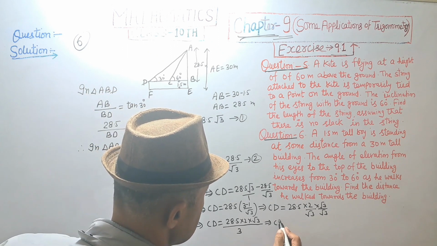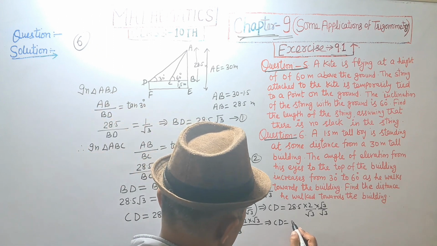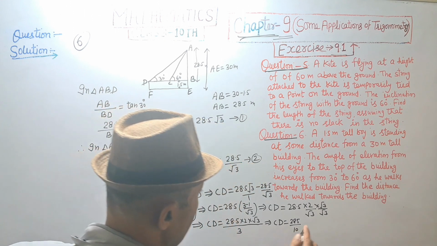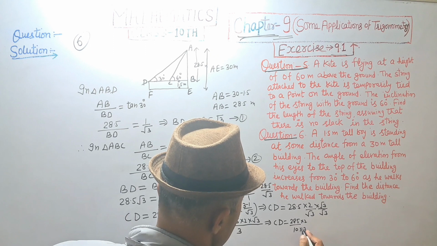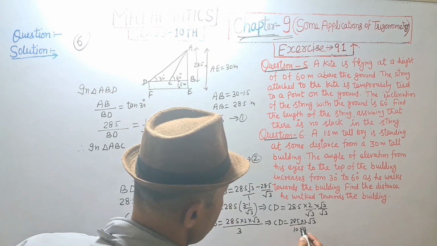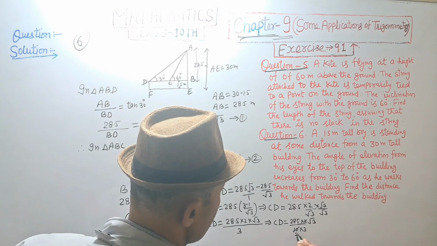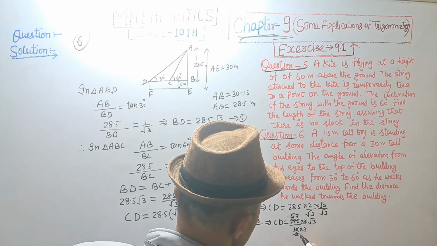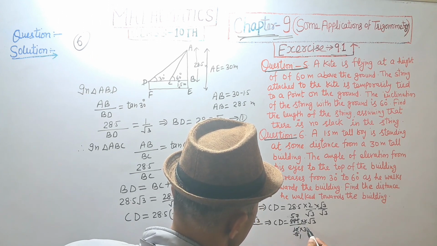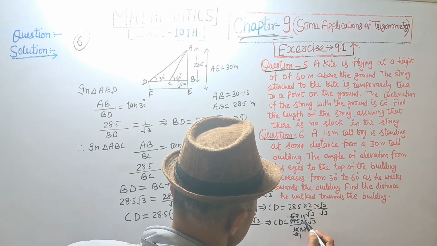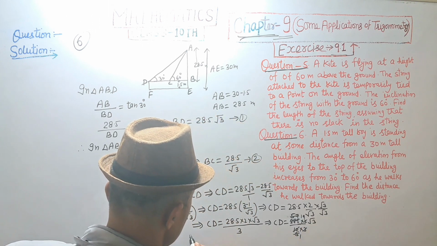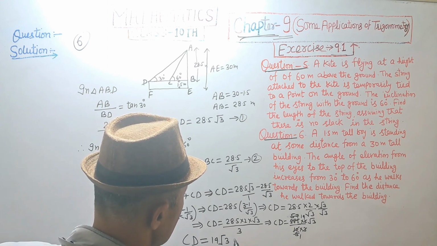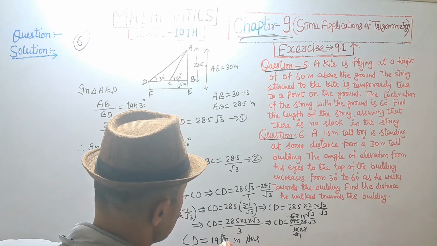This implies CD is equal to 285 upon 10 into 2 root 3 divided by 3. 2 5s are 10, 5 5s are 25, and 5 7s are 35, which is divisible by 5, and 3 19s are 57. So CD is equal to 19 root 3 meter. Answer.